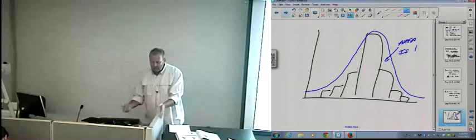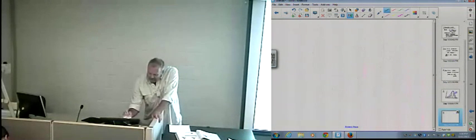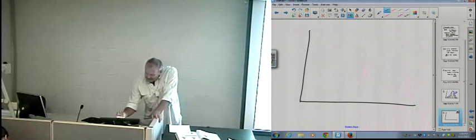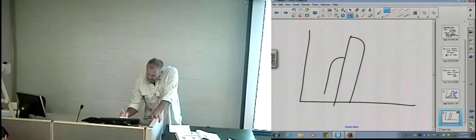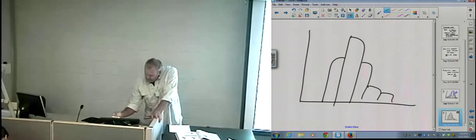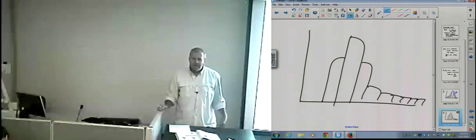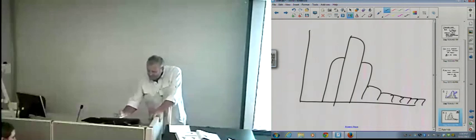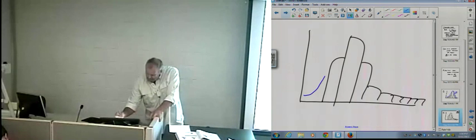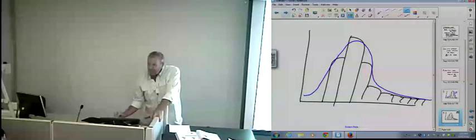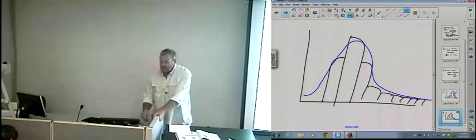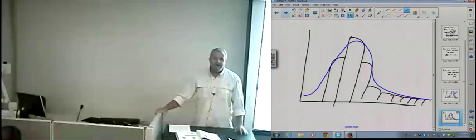I'm going to do one more here. What about if we got something that you're looking at a histogram and it is skewed to the right? That's my favorite one. What's the density curve going to look like? Has that density curve got a tail going out to the right?